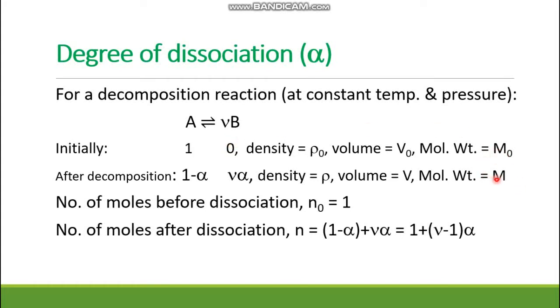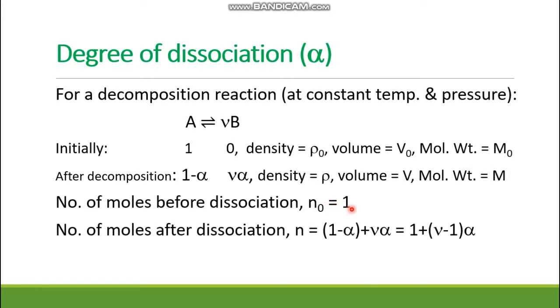So rho 0 is the initial density, rho is the decreased density after decomposition. V0 is the initial volume, V is the increased volume after decomposition. M0 is the molecular weight initially, and M is the decreased molecular weight after decomposition. Before decomposition, that number 10, 100, what I cited as an example, is now n0, and this is equivalent to 1.